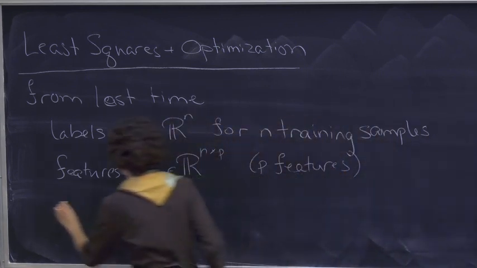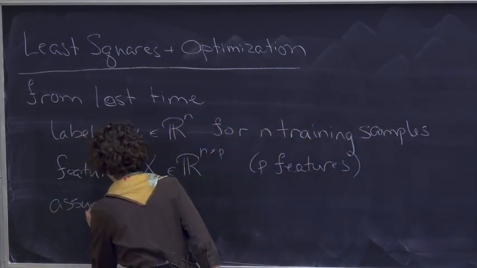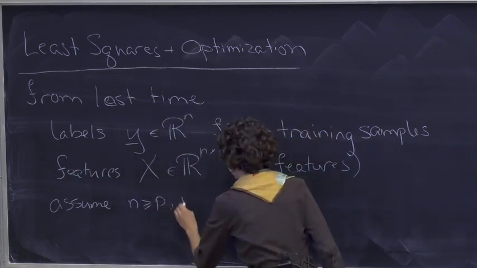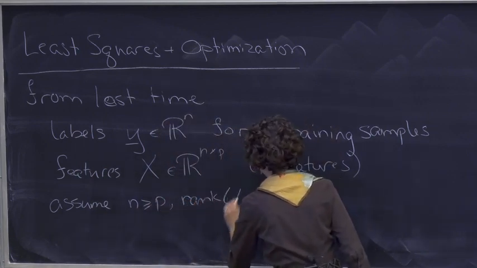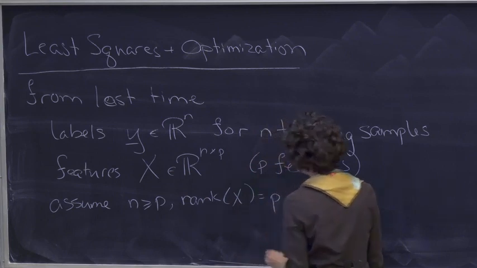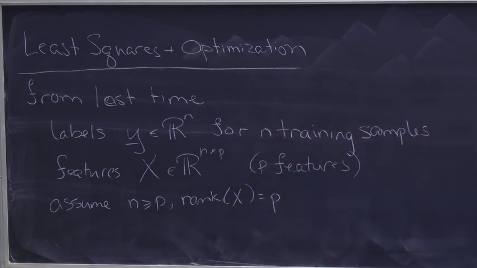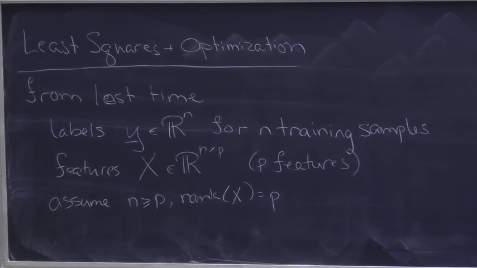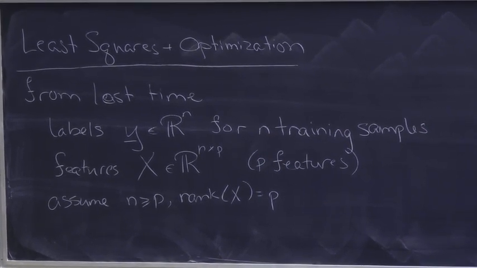And we are going to assume that n is greater than or equal to p, and that the rank of X is equal to p. So as we talked about last time, all of these different features stored in this feature matrix are linearly independent.